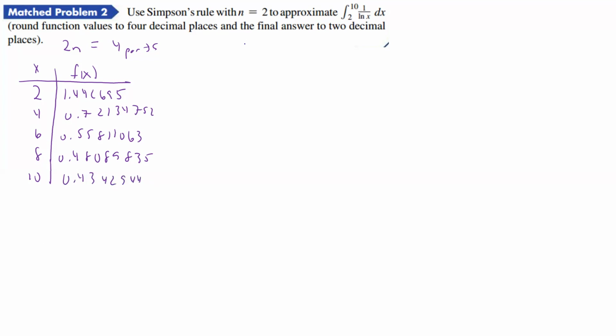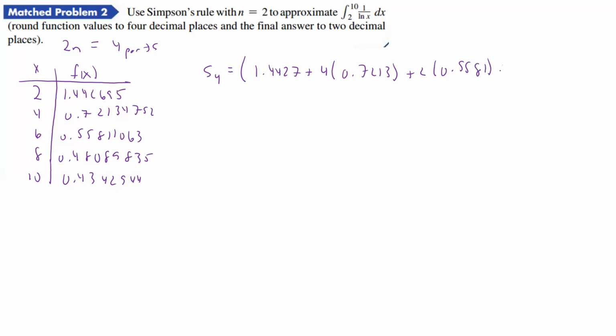All right, so going from there, what we need to do is plug it into our function, and we're looking at S4. Well, we take our first number, and we're only going to do 4 decimal places. So that's going to be 1.4427 plus 4 times the next one, 0.7213. Now we're down to 2 on the next one, that's going to be 0.5581.